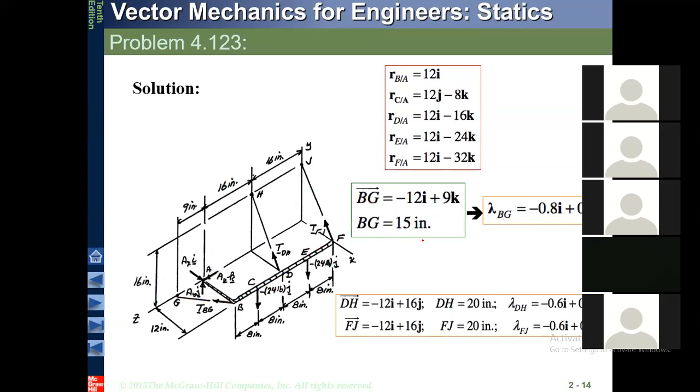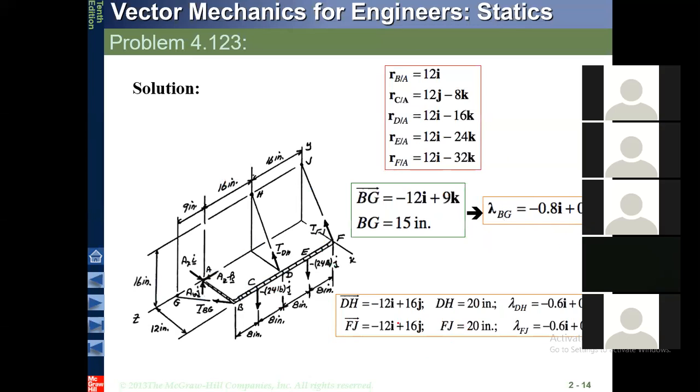So you're going to do the same for all these cable forces, that you know the direction but you do not know the magnitude. So for DH, for example, you have -12 in X direction and 16 inches in Y direction, and there's no component in the Z direction for any of the TDH or TFJ.